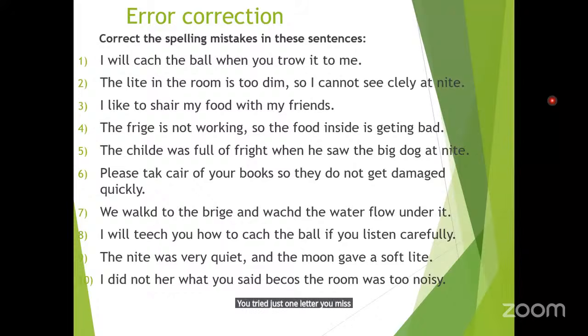Spell correctness. Correctness. Hello, Co, are you there? Yes, ma. Okay, C-O, double R. Okay.